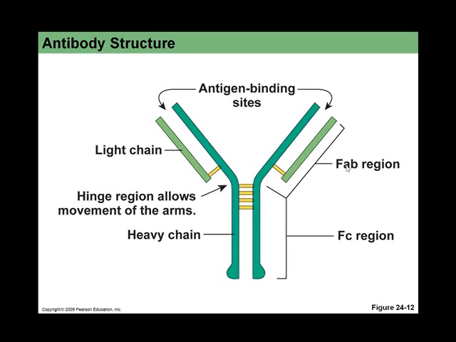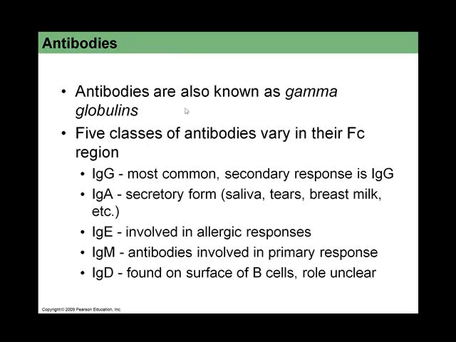This is constant. So the antigen binding is the FAB region, and the FC is constant. This free end of the molecule is the part that binds to the antibody receptors on the WBCs that express those antibody binding receptors, right?